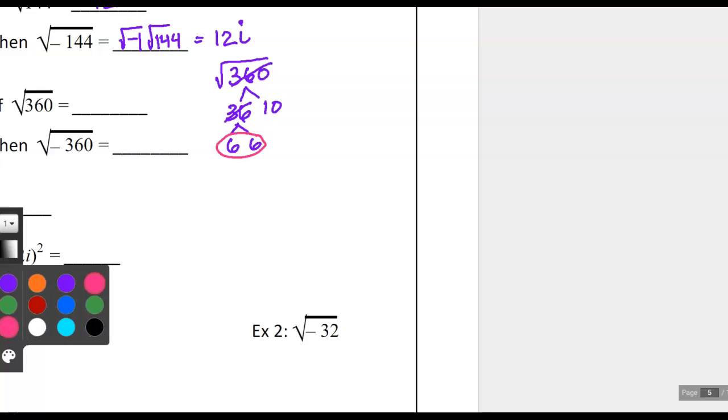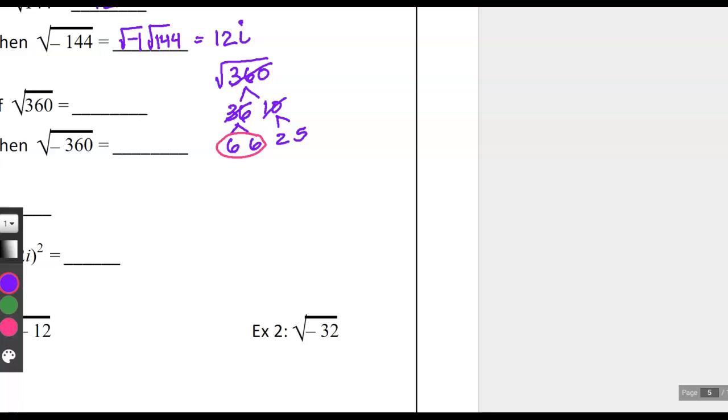What goes into 10? 2 and 5. So what does this simplify to? What goes on the outside of my square root? 6, my pair. And what goes on the inside? Which is 6 square root 10. So what do you think the square root of negative 360 is going to be?